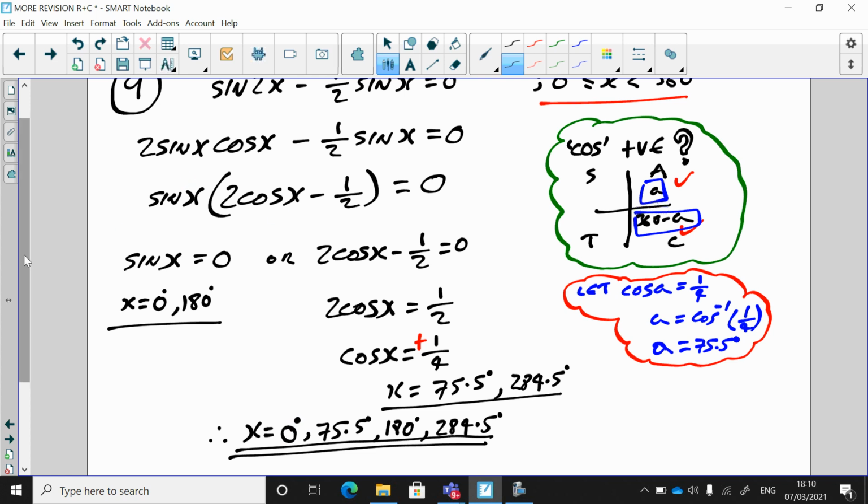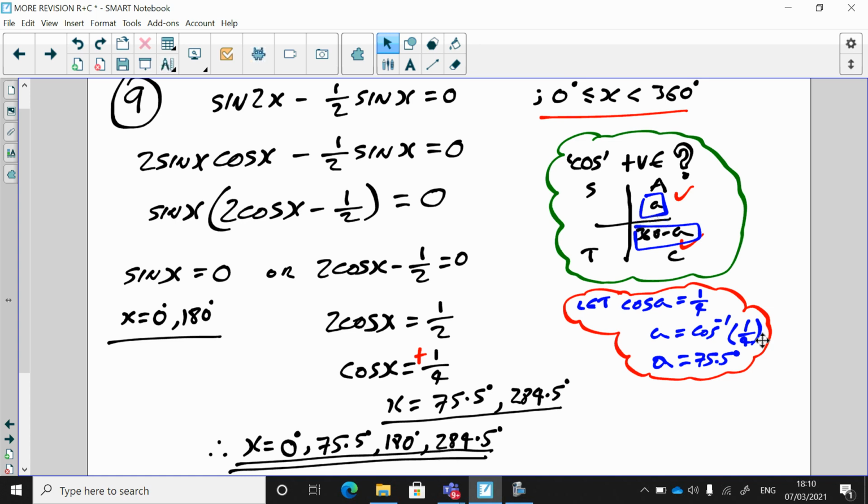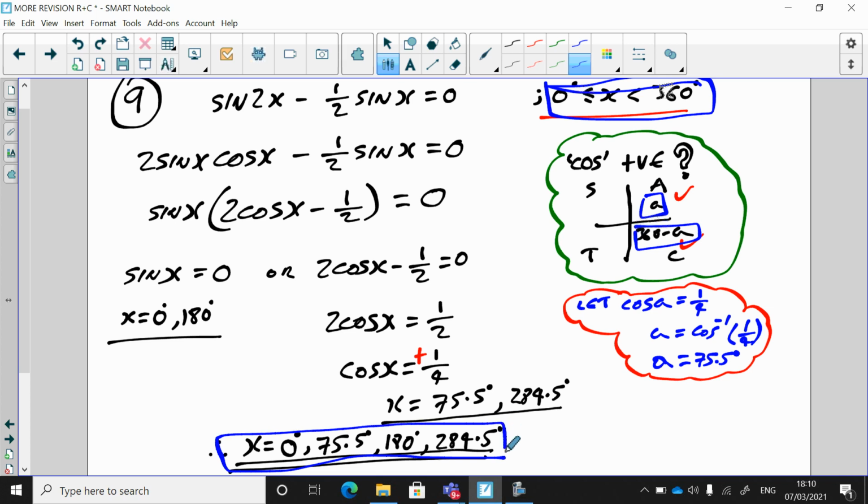So it looks like I'm kind of done there, and I just check that my answers do lie between 0 and 360, because that's where they want the answers, between 0 and 360, and it looks like those answers do indeed lie between 0 and 360. Right, so I'm okay with that.